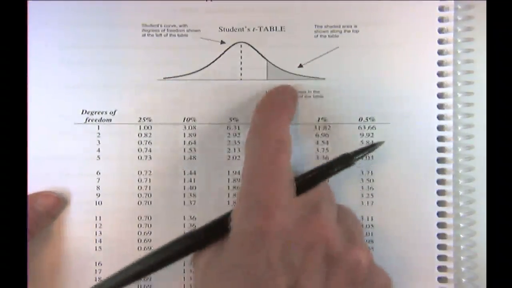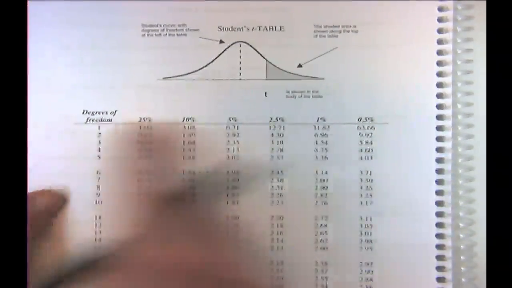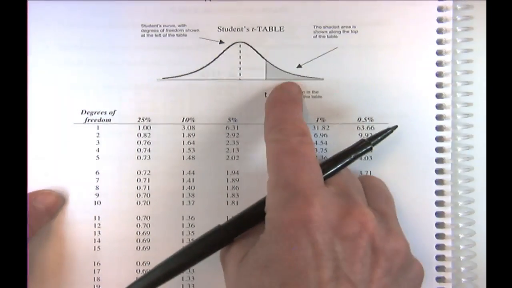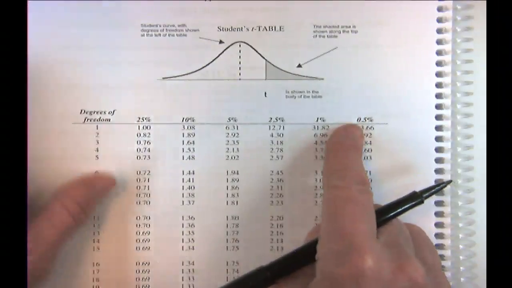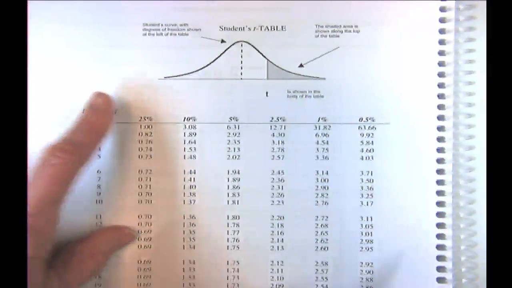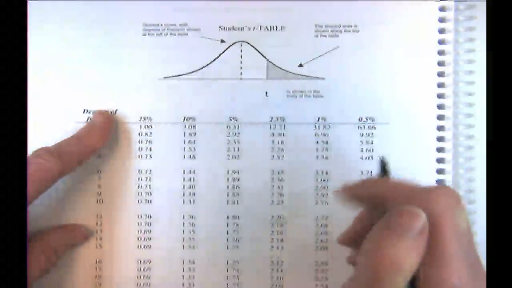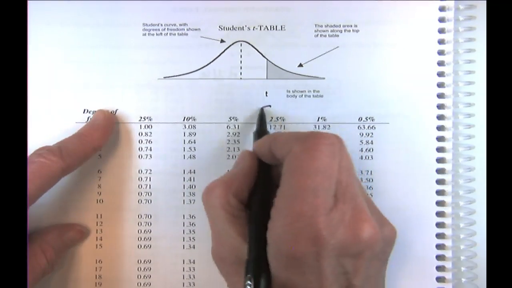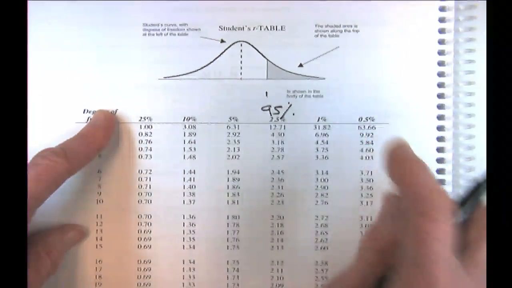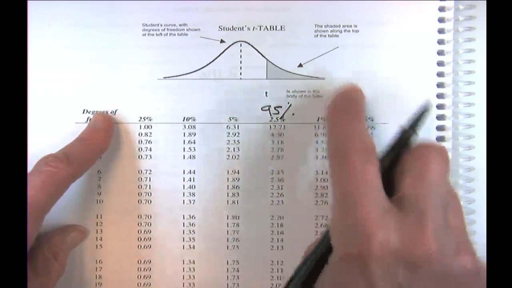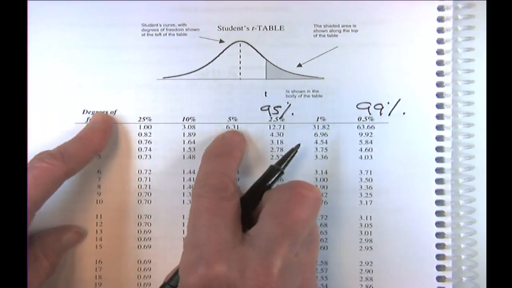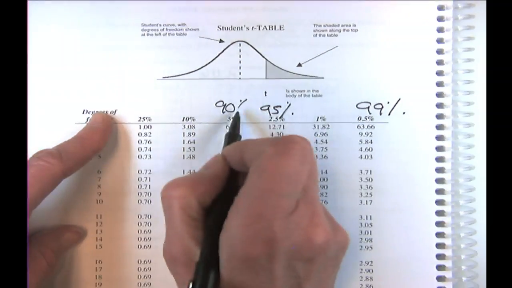This area right here gives you the area of one tail, so double this and you'll have the area of both tails. We want a 95% confidence interval, so this is the area of one tail, double it. So this would be the 95% confidence interval. If you double 0.5 in each, this would be a 99% confidence interval. This would be a 90% confidence interval.